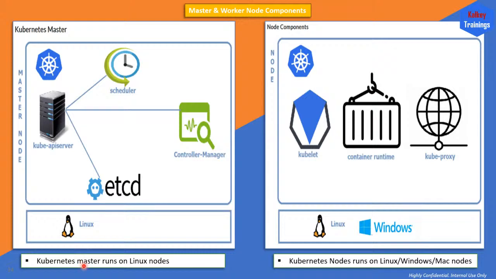So the Kubernetes master runs on Linux because it has to run day in and day out without stop. They cannot afford to be down. And the node components, on the slave nodes or worker nodes, are kubelet, container runtime, and the kube proxy.